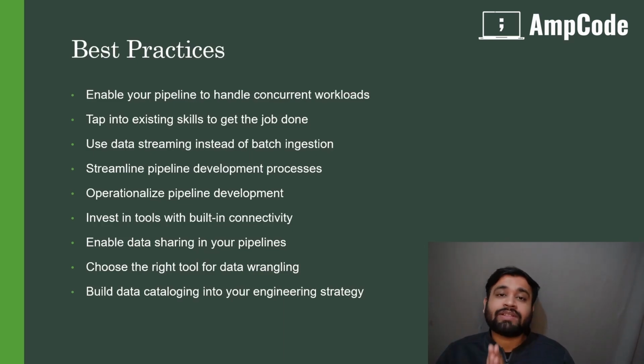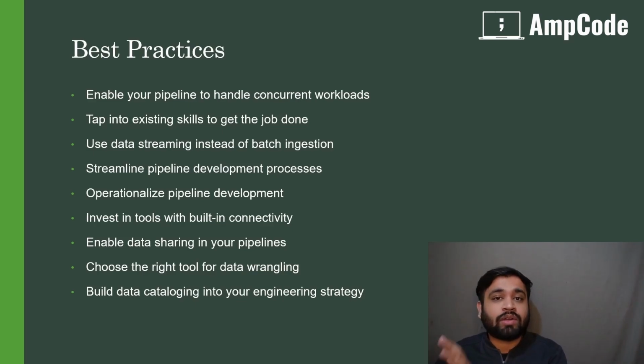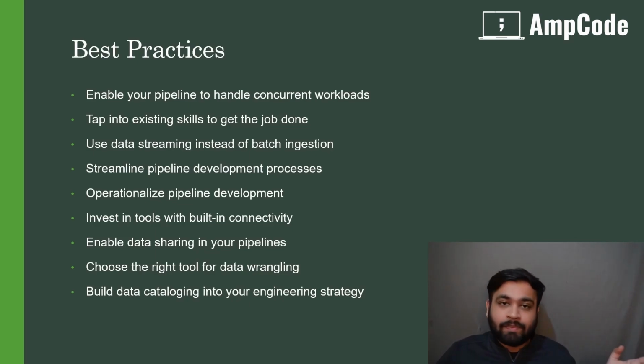In those cases your pipeline should handle those workloads very efficiently and get the result on time, because sectors like financial data and healthcare information are really critical and need to be processed on time. That's why you should enable your pipeline to handle such concurrent workloads by using the best practices and optimization techniques that we have seen in our previous lecture.